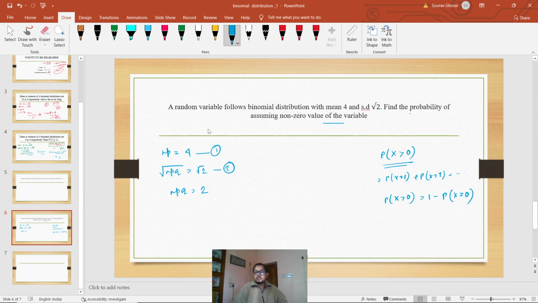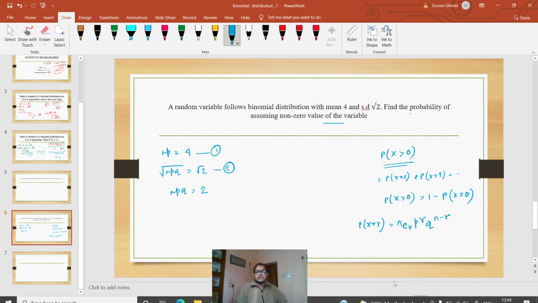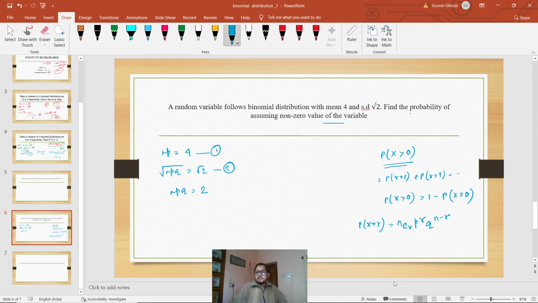We also know that P(X = r) is equal to nCr p to the power r q to the power n minus r. So from here we have to find the value of n, the value of p and the value of q. We can find the values of n, p, q by using this result. The value of q will be 2 by 4, which is half.